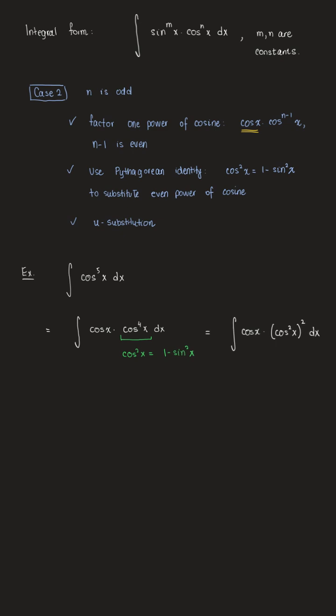And this is where we're going to replace cosine squared with 1 minus sine squared. So that takes us to our next step, where we still have that first cosine x that we factored. And then in place of cosine squared, we have 1 minus sine squared x, all of this squared, dx.